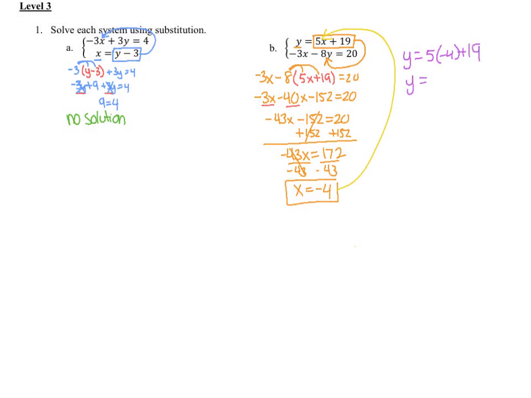Negative 5 times negative 4 is negative 20. Bring down the plus 19, and y equals negative 1. So that means our answer is negative 4, comma, negative 1, and we have one solution.